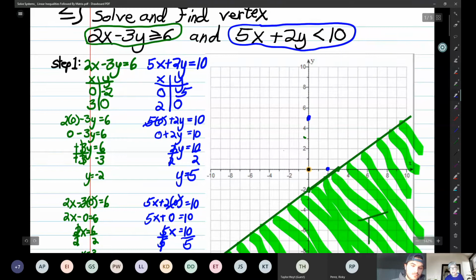But this is going to be a dashed line, because it's a strict inequality. Which means I'm doing it by hand, which means it's not going to be as exact as I might like it to be.